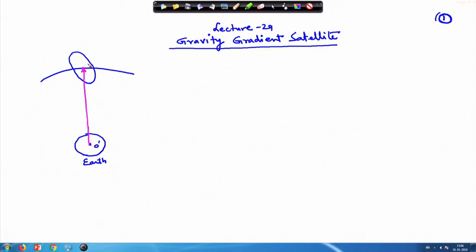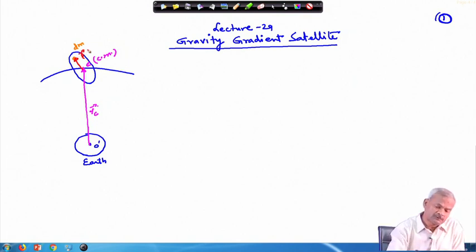This we have indicated by C, which is the center of mass, and we denoted the radius vector by R c. And then we took any mass in this body, which is the satellite here in this case. Let us say this is the mass delta m or d m, and the radius vector to this point from here to here is rho.